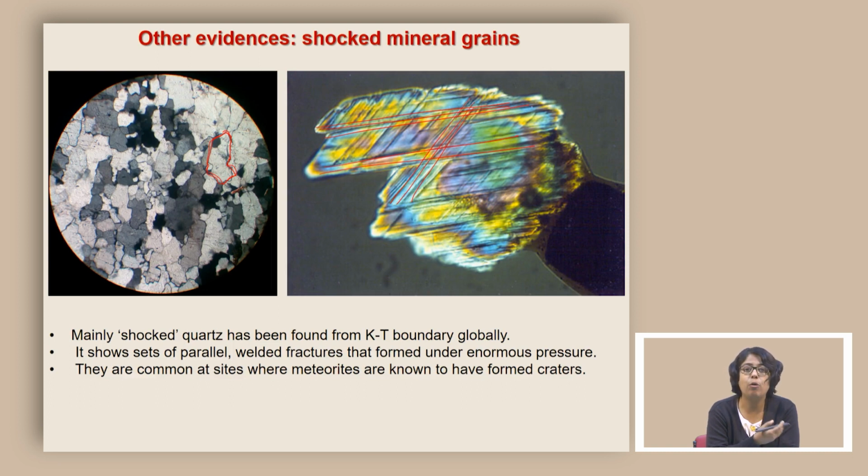So, it changes their optical property, it shows colors as well as weak planes aligned in a particular direction, or cleavages. Now, we started finding this shocked quartz from KPG boundaries. So, this also supports the idea that there was an impact.